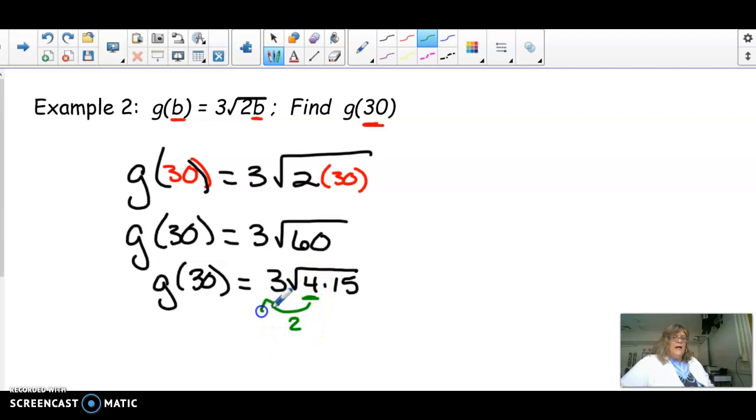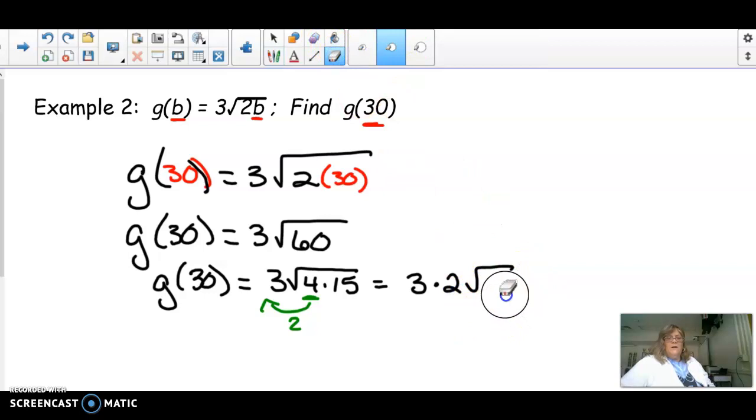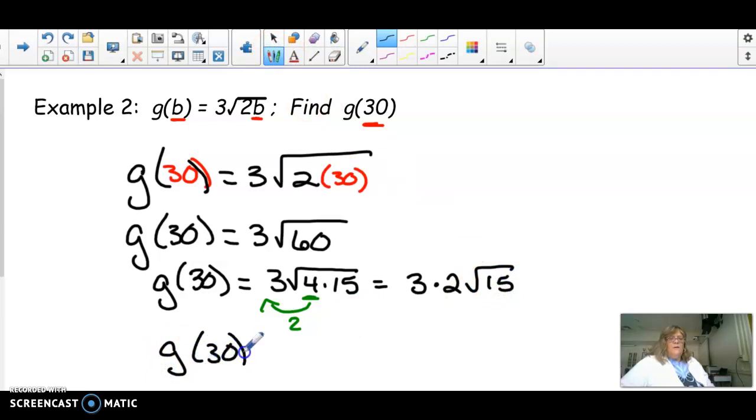So when I bring that outside, I have to multiply that times the 3 that's already out there. So 3 times 2 times the square root of 15. Oops, I wrote 16, sorry. Now, g of 30 is equal to 3 times 2 is 6 times the square root of 15. This again is function notation, so it's written correctly.